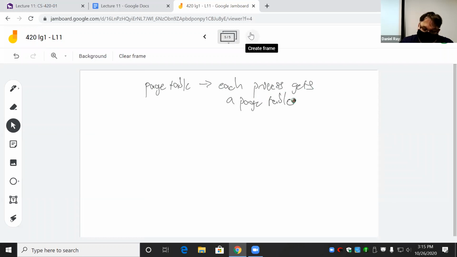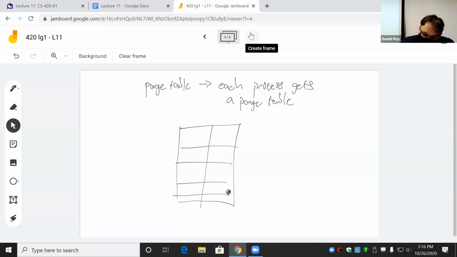The page table is a multidimensional array, a matrix, a table, call it what you will, that converts page numbers into page frame numbers.